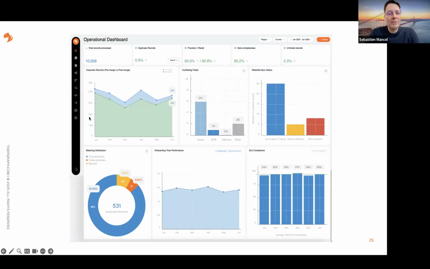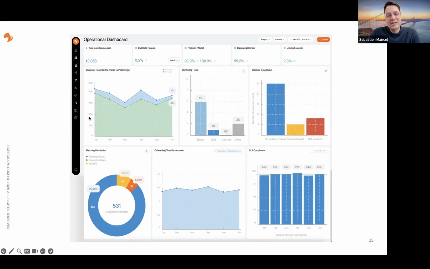All right, now that both queries have been completed, let's return to our operational dashboard to see the business impact. Now we see that duplicate records have dropped from 5.1% to just 0.5%. That's an 8-fold improvement in data quality. Precision and recall are now both above 90%, meaning we're accurately identifying true matches and eliminating false positives.